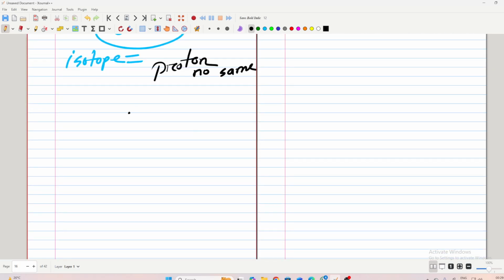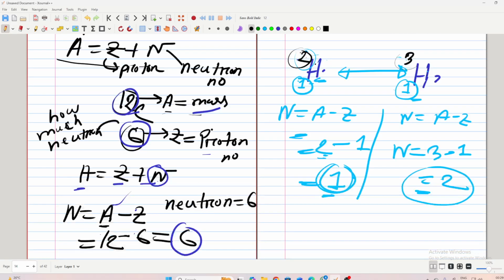So proton number is the same but mass is different. Also, if you see that this hydrogen's neutron number is 1, this hydrogen's neutron number is 2, only the proton number is the same, 1 and 1, but see mass 2, mass 3.